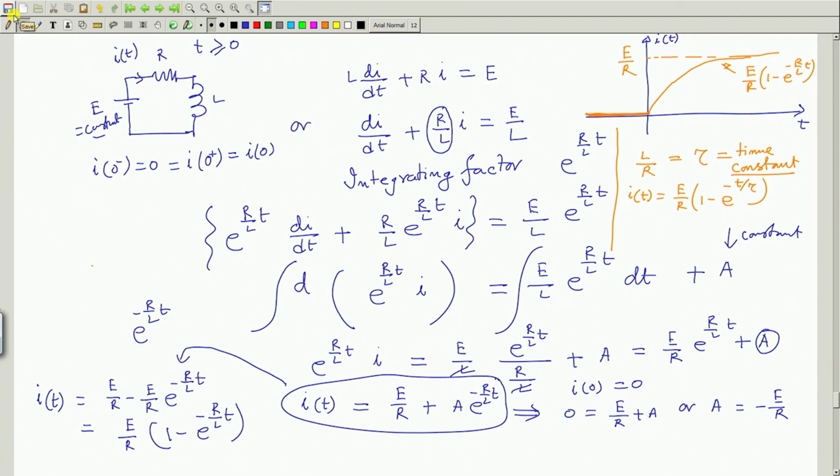So, anyway at t equal to tau, after one time constant, the value of the current will be E by R into 1 minus e to the power minus 1. And this value is some 63.2%. It will be about 0.632, check this number, about 63% of E by R.